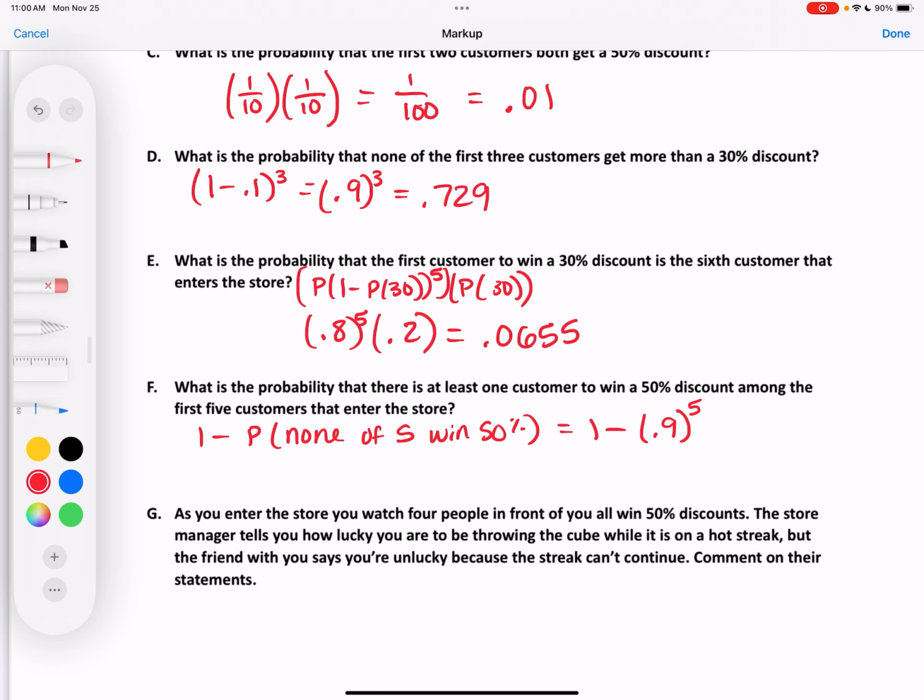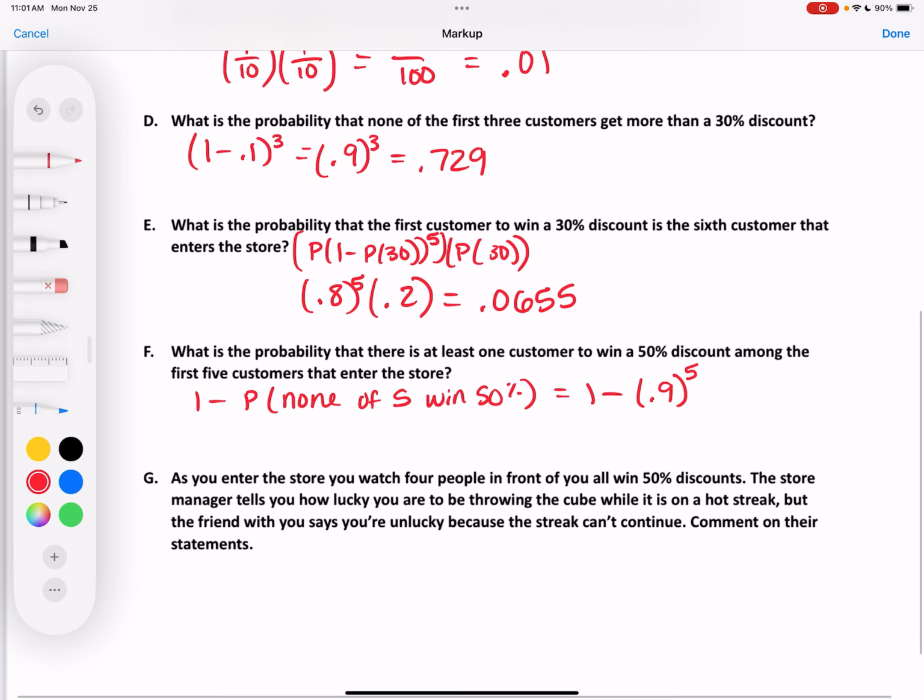So we did 1 minus the probability that they did get more than that, and then we cubed that number. So it was dependent on whether we were taking the complement of each person individually, or of the whole thing. The 5 comes from the 5 customers, because it's the first 5 customers to enter the store. So this one ends up being 0.4095. Basically, there's almost a 41% chance that the first 5 customers are not going to get a 50% discount.